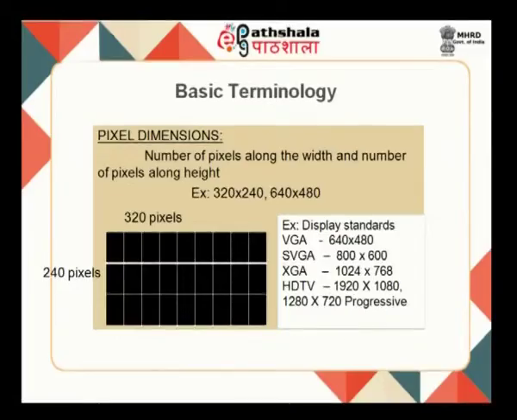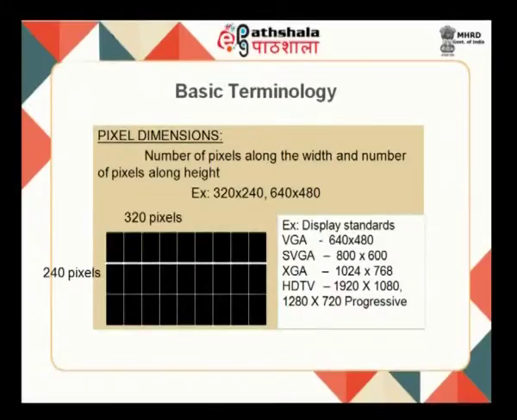Okay. With the basic terminology as I introduced earlier, we have so many definitions without which we cannot go further. The first definition which we have to understand is pixel dimensions. A pixel is a picture element, in short form it is called a pixel.